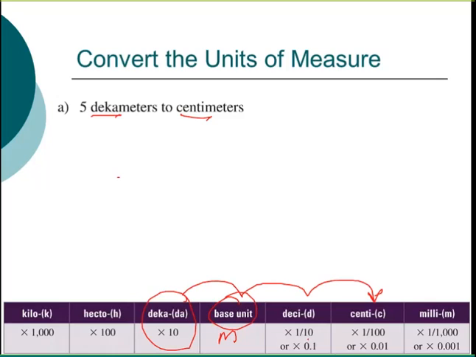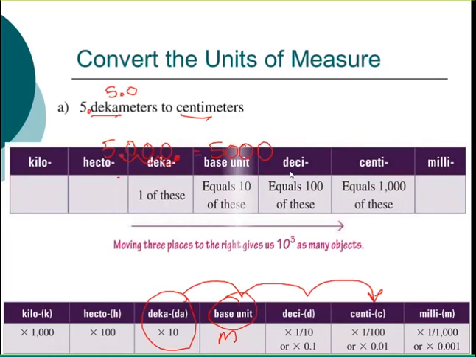And so that's actually what you can do with your decimal. You've got 5, and you're going to go over 1, 2, 3 places. The decimal is right here because it's 5.0. And so 5.0, fill it in with some zeros. What that means is you've got 5,000 centimeters. So 5 decameters is 5,000 centimeters.